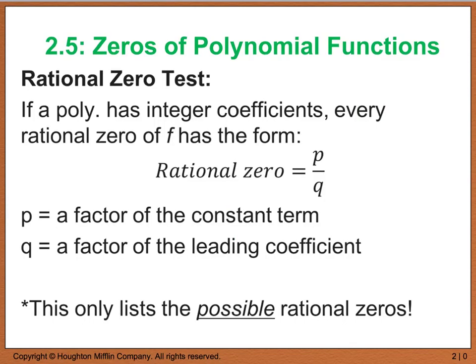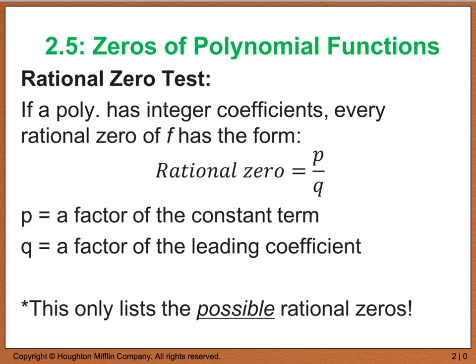So once we've determined how to identify how many zeros we have, we now need to try to start figuring out what our possible rational zeros can be. To help us find our rational zeros, we can use what we call the rational zero test.